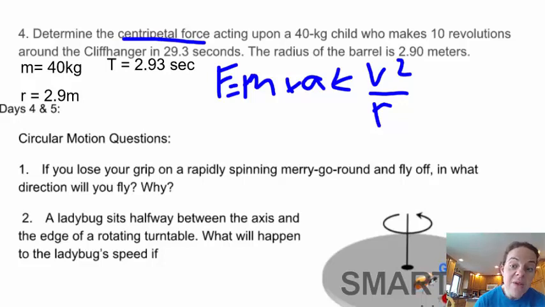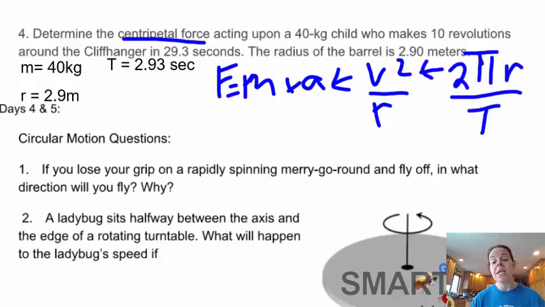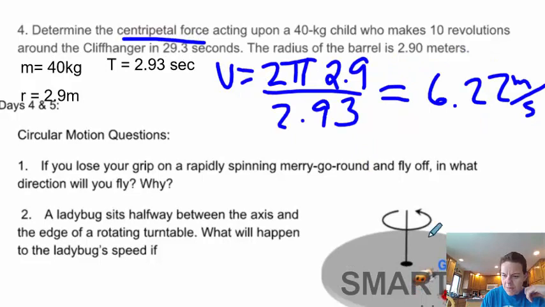We don't have the velocity, so we can't use that exactly. Velocity is 2 pi r over T. You know the radius, you know the period, and we know pi, so we can plug in our values.